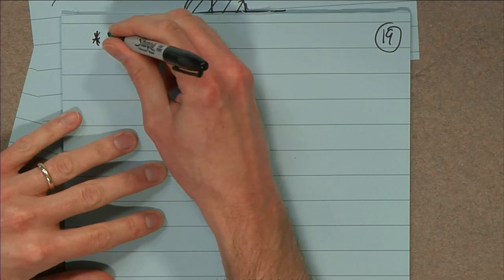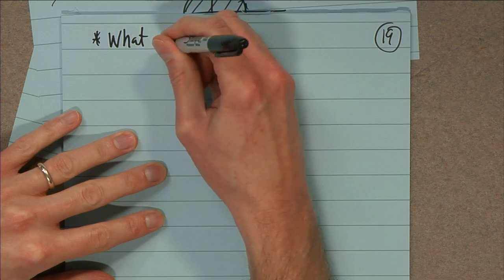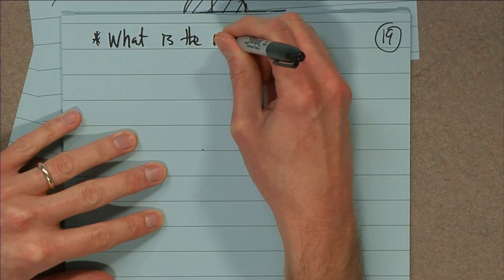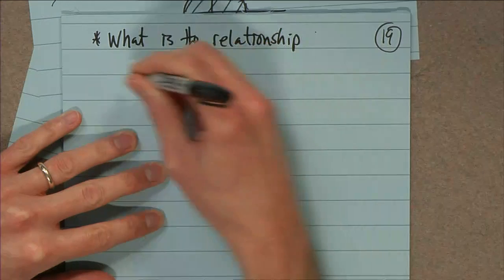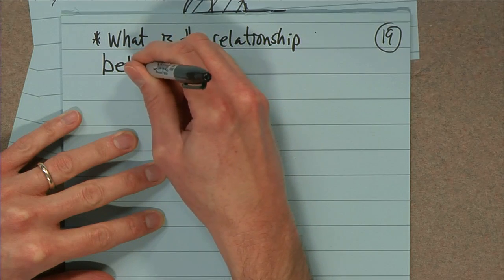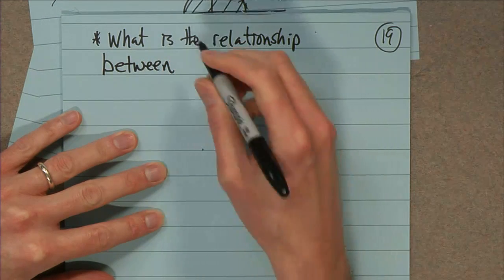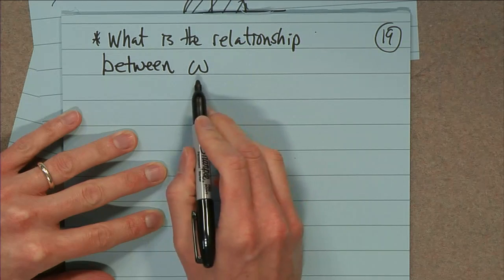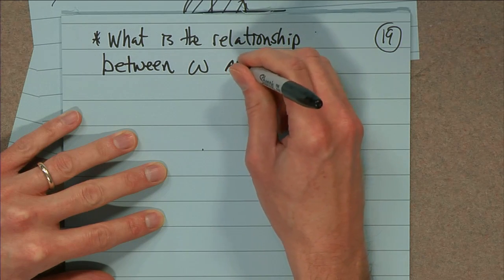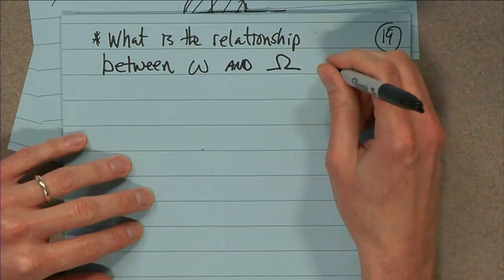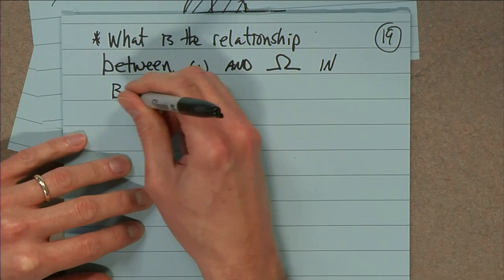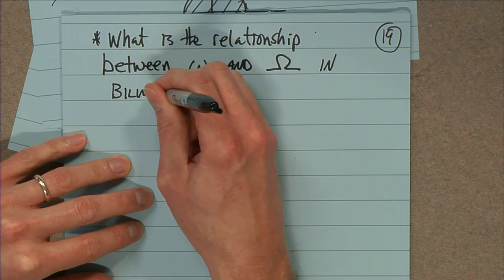So our next question is, what is the relationship between omega, that's in discrete time, and capital Omega, and saying in bilinear transform?